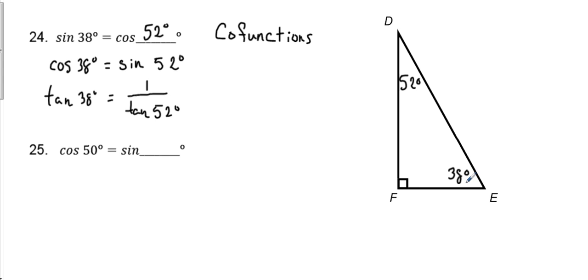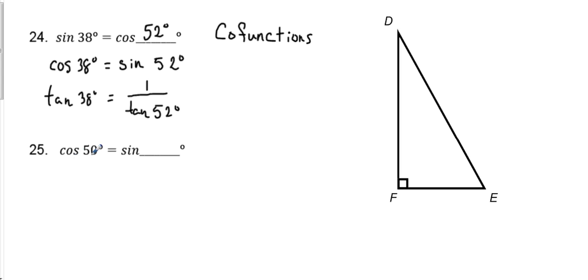So once again, sine of this angle, same as the cosine of this angle. Cosine of this angle, same as the sine of that angle. And tangent of this angle, same as the reciprocal of the tangent of this one. All right, let's erase for the next one.